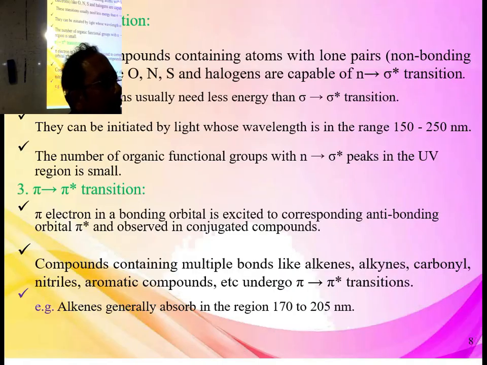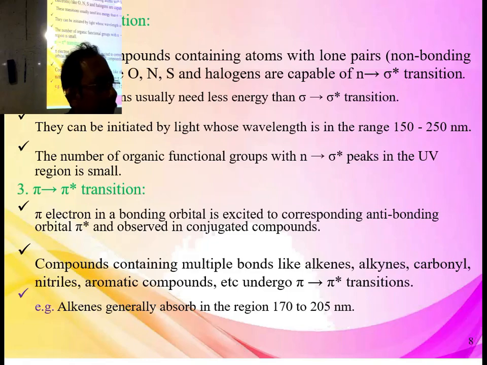We can call it U, ungerade, meaning asymmetric. And what about S? It is G, gerade. This is called the concept of symmetry. So the S orbital is G, meaning symmetric, and the p orbital is U, asymmetric. Got the idea?